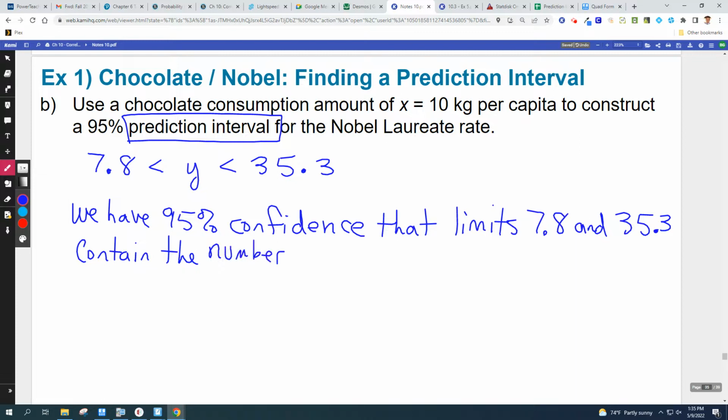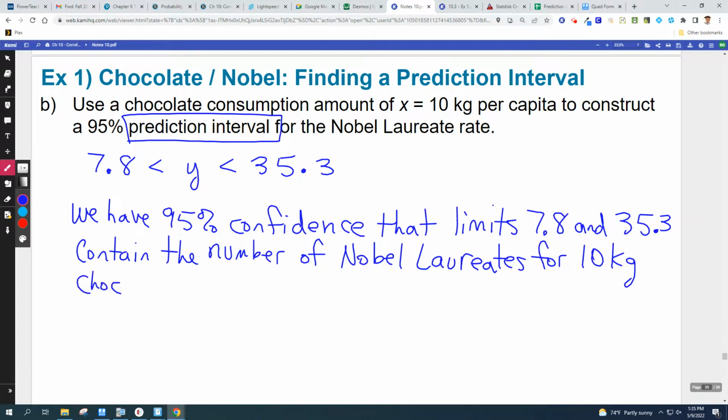The number of Nobel laureates for 10 kilograms chocolate consumed. We are 95% confident that the number of Nobel laureates is going to be in between those two numbers for 10 kilograms of chocolate.